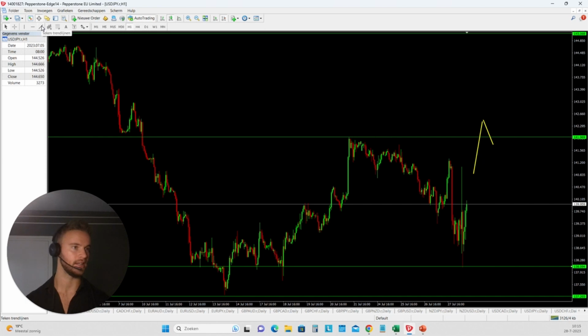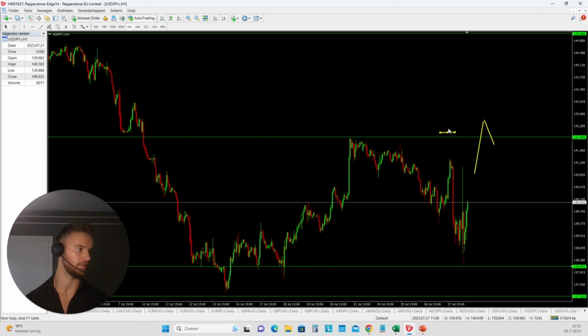People that are going to sell in this area, just before that level or around that level, usually place the stop above that level. Also, people that are buying will be executing as soon as that level breaks. So essentially you get a lot of buying being activated above that level.